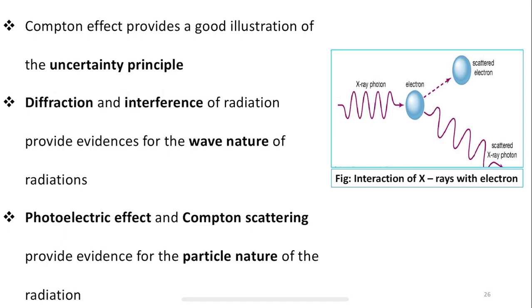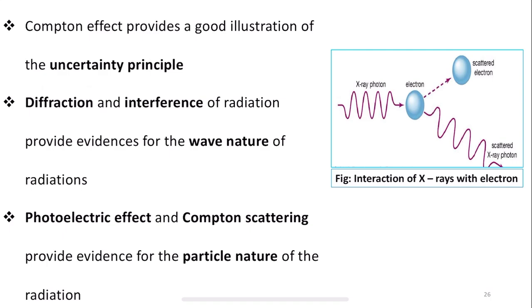As a result of the mutual interaction of X-rays and the electron, the wavelength of X-rays increases, that is, the energy of X-rays decreases. So as the wavelength of X-rays increases, the energy of X-rays gets decreased. This energy has been transferred to the electron, whose energy will therefore change, and so the momentum will also change. So this is what is called the uncertainty principle.